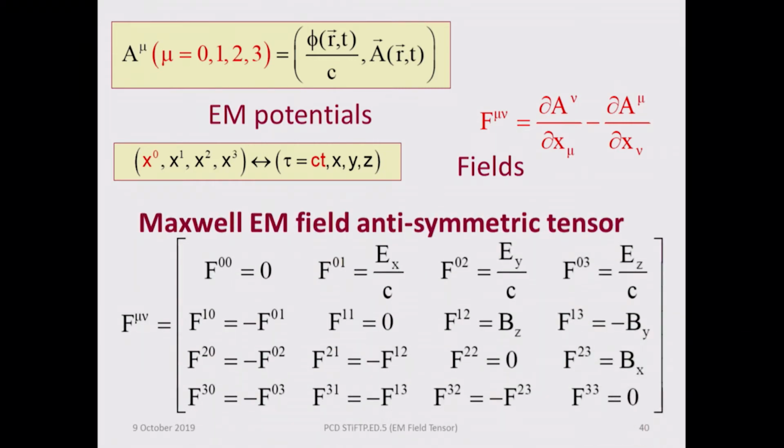So, if you now construct the electromagnetic field tensor, you should sit down and work this out yourself and get the derivative of A nu with respect to x mu. So, what is A nu for nu equal to 0? It is phi over c. Do you see that? It is right here on the screen. Okay. The component for mu equal to 0 is phi over c.